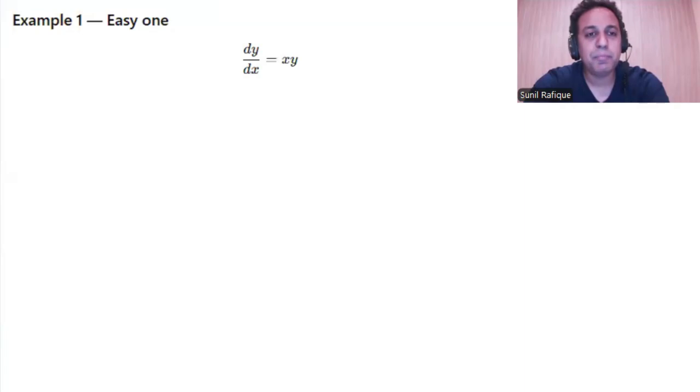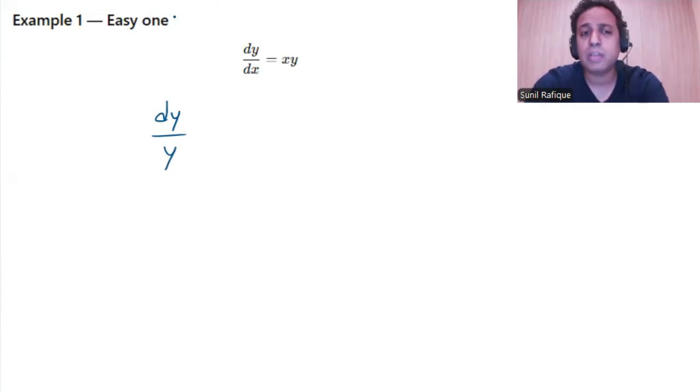Let's go. All right, let's begin with example one. I call this the easy one. You'll see why. So you can see dy by dx is x times y. This is a differential equation because it is an equation and it has a derivative. Okay, so keep the dy on the left side and move whatever you have related to y to the dy side.